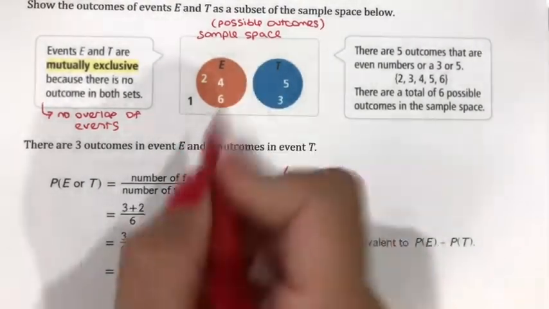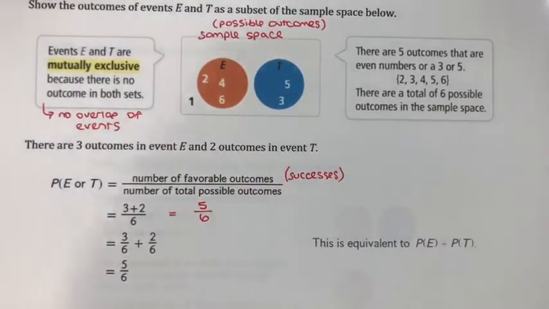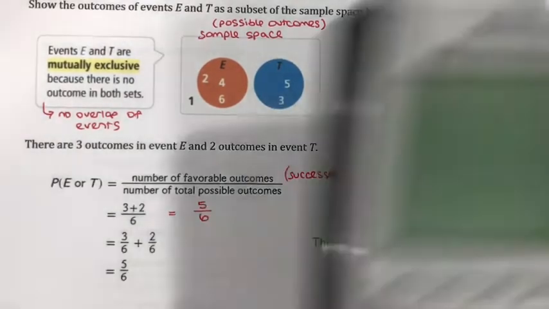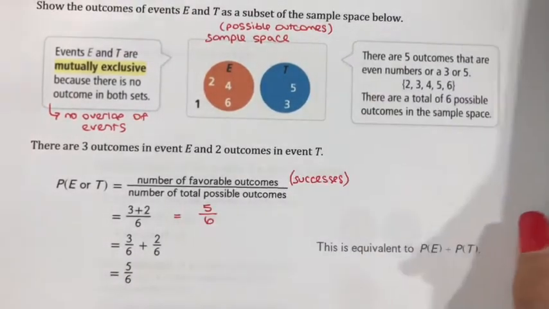So when I add these together, I have a couple different options. I can just add them up and say it's 5/6, okay? And that would be my probability with whatever percentage that is. Let's see, 5 divided by 6 is 83.3%.